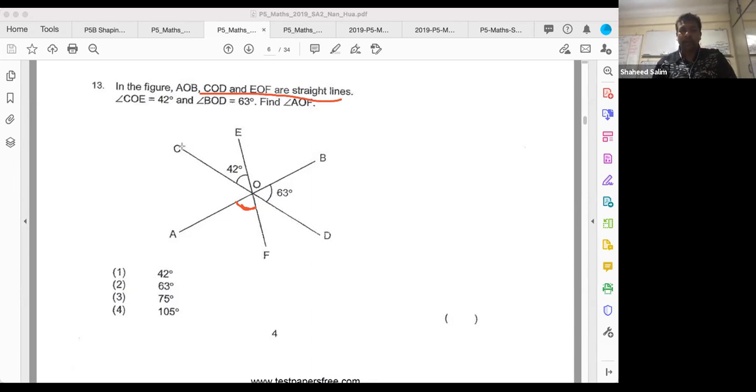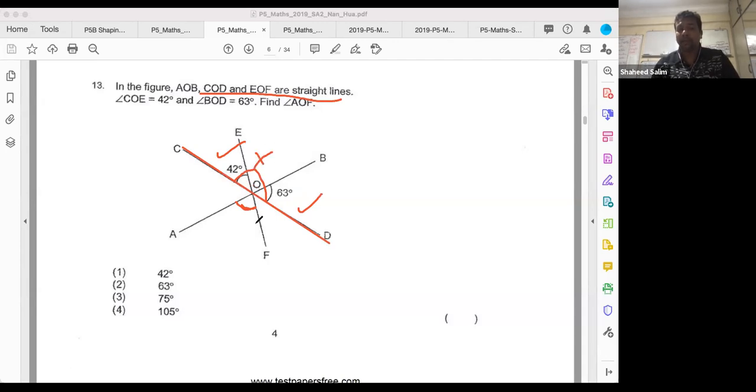Okay, Shafia, this line down here, they say is a straight line. You see down here, COD, straight line. COD, okay, not cash on delivery. It is 180 degrees. Remember, when you use your protractor, 180 degrees. Just 180 minus 42 minus 63, you get this angle.